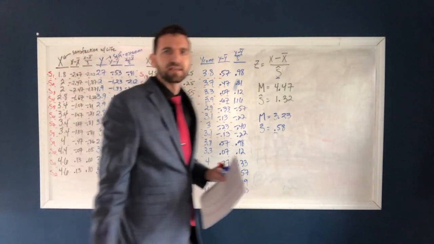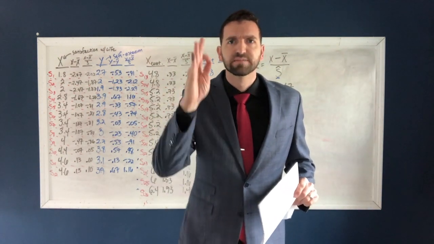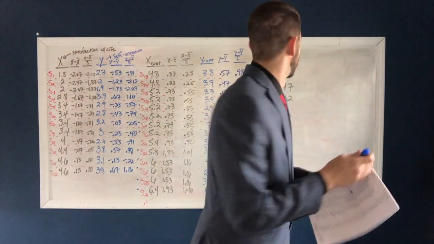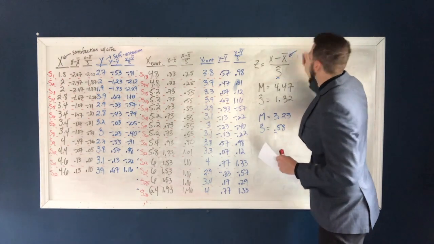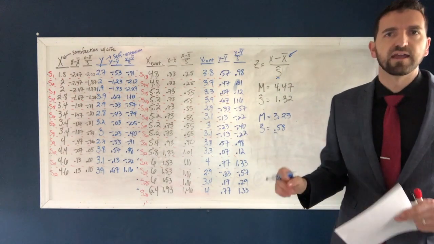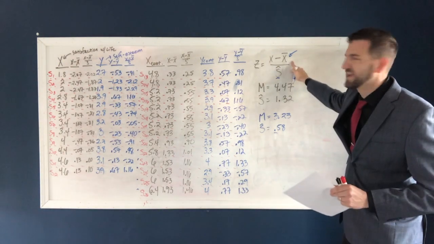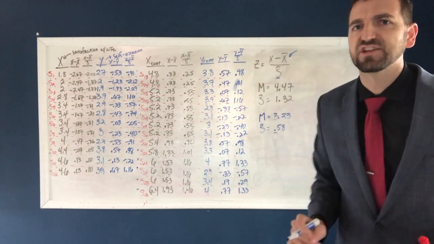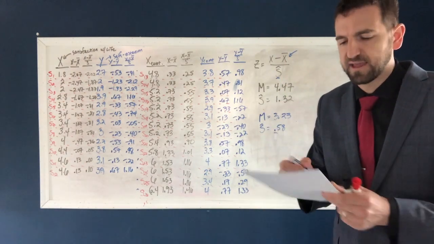Because it's negative, it means that their score is below the mean of the distribution of data. And here's where we get that. The numerator of the z-score equation is x minus the mean. That is the same as the deviation score. So when we were working with deviation scores, I told you the same thing.